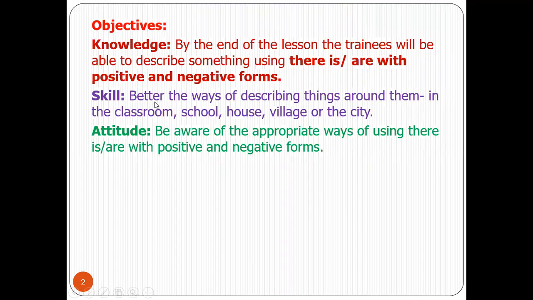Skill: better ways of describing things around them, things in the classroom, at school, in the house, in the village, or in the city. Attitude: be aware of appropriate ways of using there is and there are in positive and negative forms.